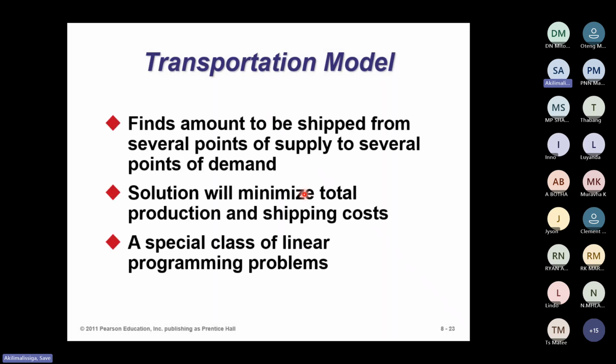So the next model is what you call the transportation model. The transportation model is also basically talking about the distance between work centers, the distance between different branches of a company, or it could be locally or internationally.